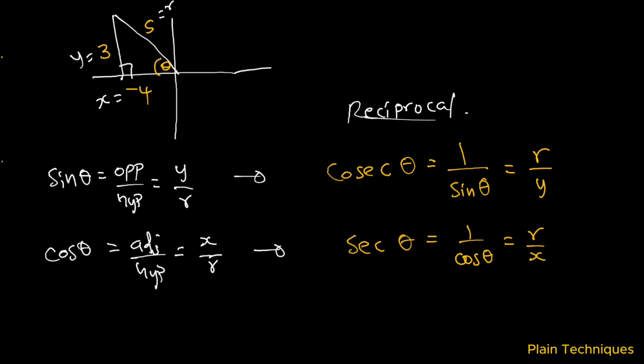Now the last part, which is tan theta, which is opposite over adjacent. So opposite is y over x. And then the reciprocal for tan theta, right? The reciprocal for tan theta is cot.